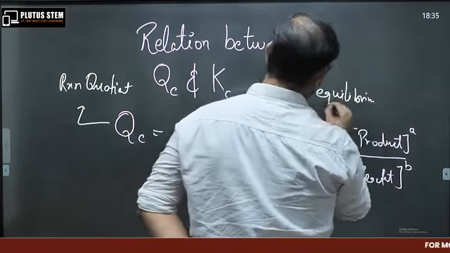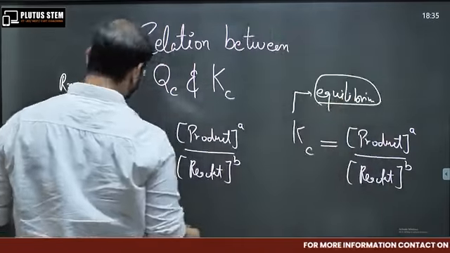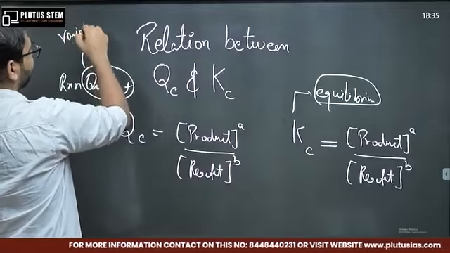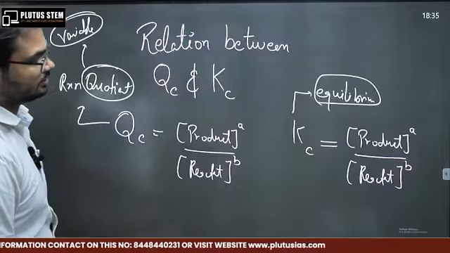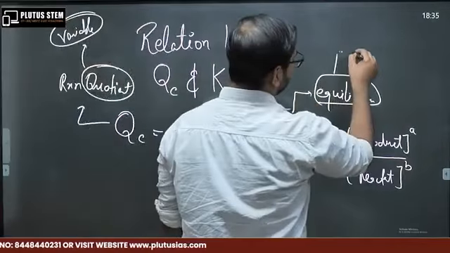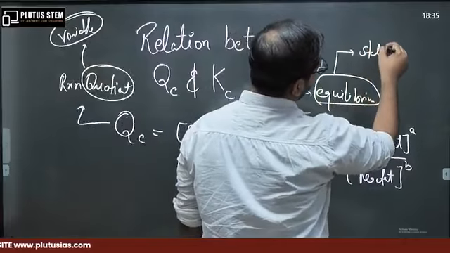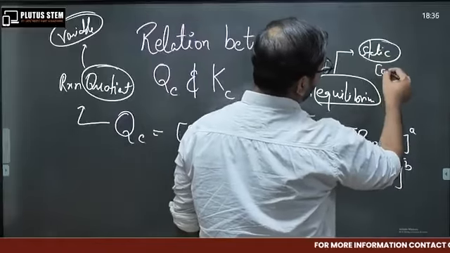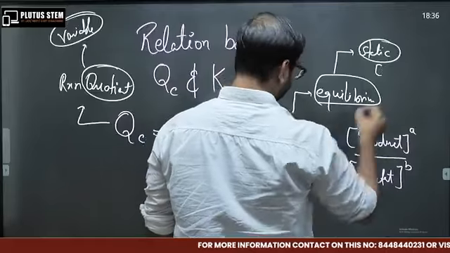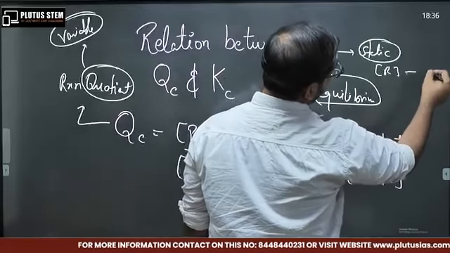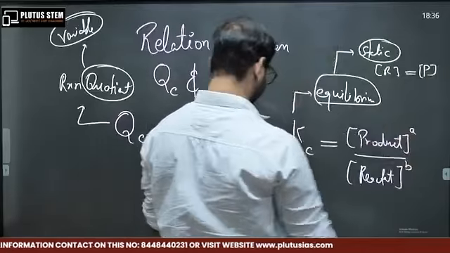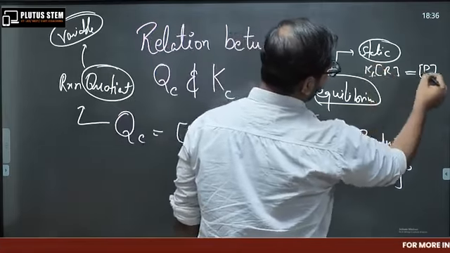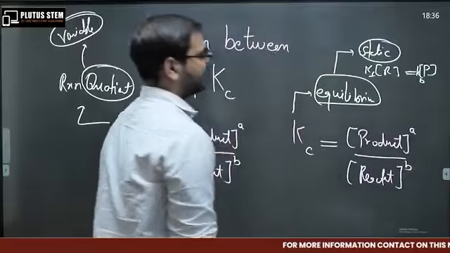Here the word quotient represents something which is variable in nature, continuously changing, while equilibrium talks about a static condition where the change in concentration of reactant becomes equal to the change in concentration of the product. Here, rate of forward reaction Kf equals rate of backward reaction Kb.